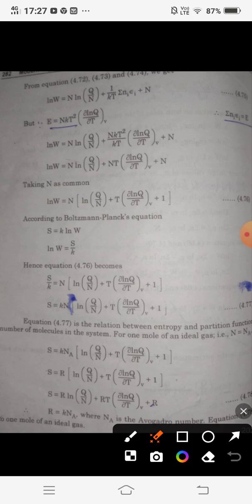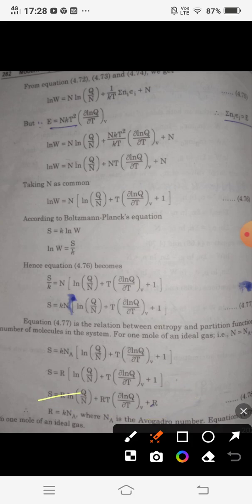This natural log W will be replaced by S over K, and by putting S over K in the equation, this K in the denominator will become part of the numerator on the right side, and this N is going to be replaced with Avogadro's number, N A. So K times N A is equal to the R factor, and the equation overall becomes this way. This R is going to be multiplied with all the components of the equation, because it is outside the bracket, showing that it is a part of all the components of the equation.